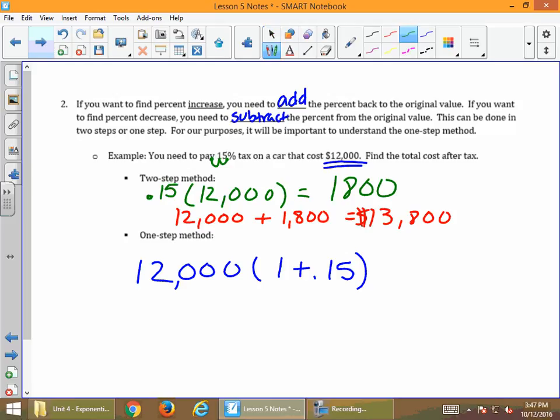You can plug that in your calculator all in 1 step, or you can break it down a little bit. You can do 12,000 times 1 plus 0.15, which is 1.15. And when you plug that in your calculator, you should get the same thing.